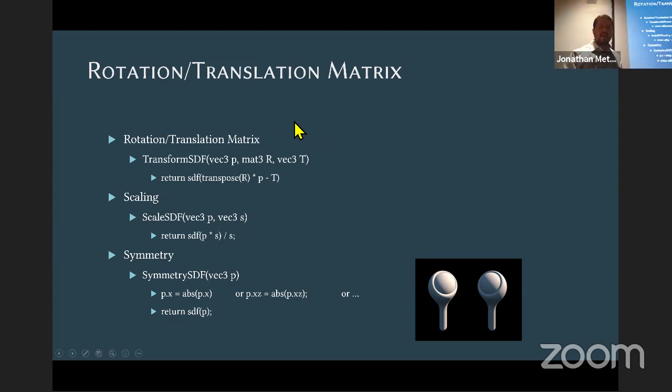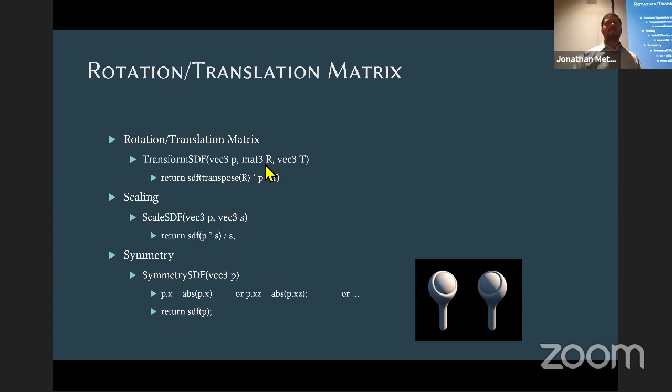So if we have a rotation matrix, what operation can you do on a rotation matrix to get its inverse? Transpose. Take the transpose, that's very easy to do.